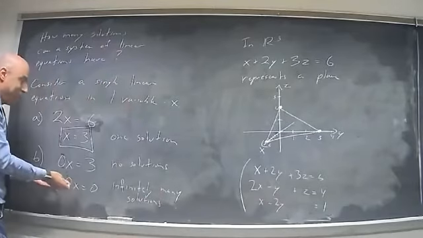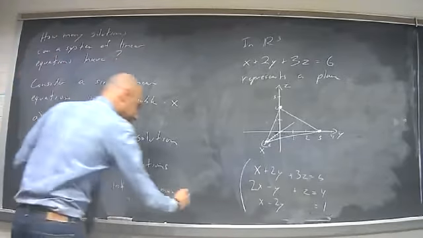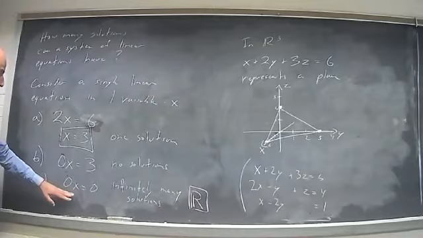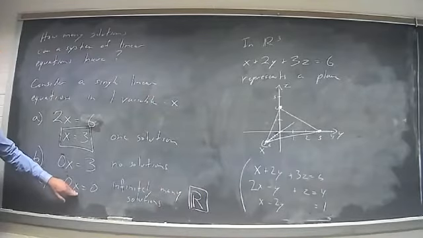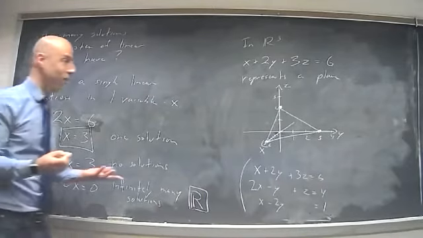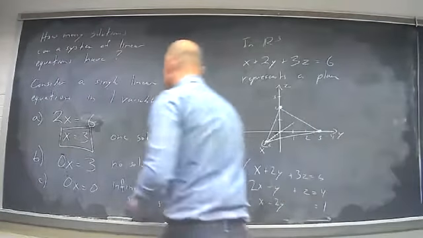Any value of x will make that true. The set of solutions here is all of R. Any real number will work because 0 times 5 equals 0, 0 times -7 equals 0. Any real x will work. And these are the 3 possibilities.